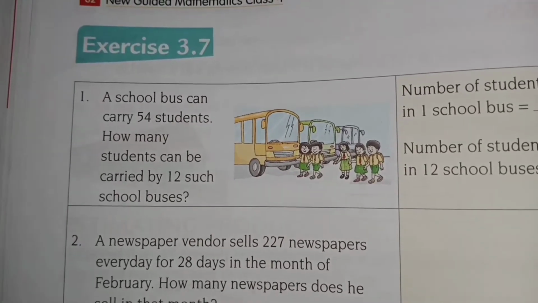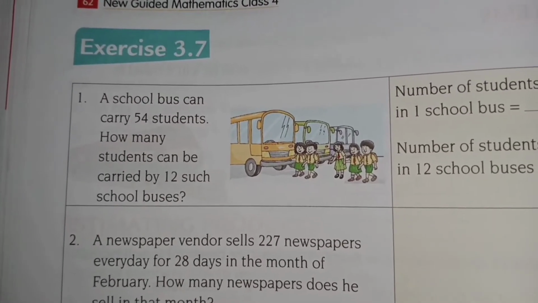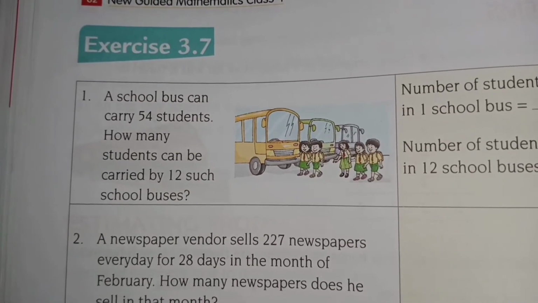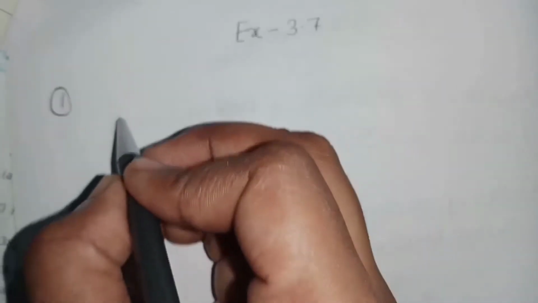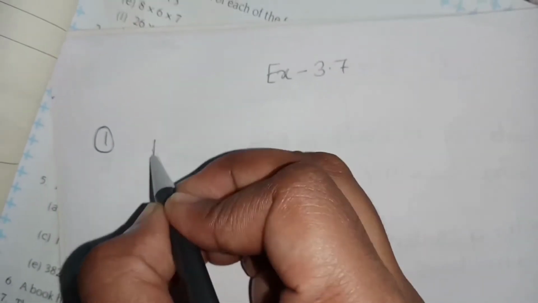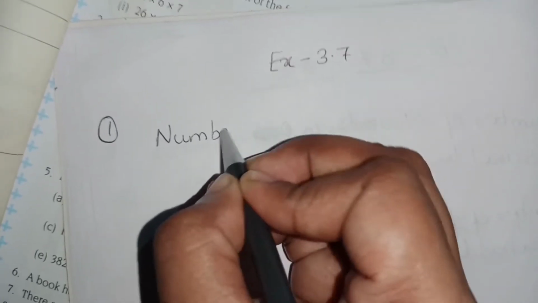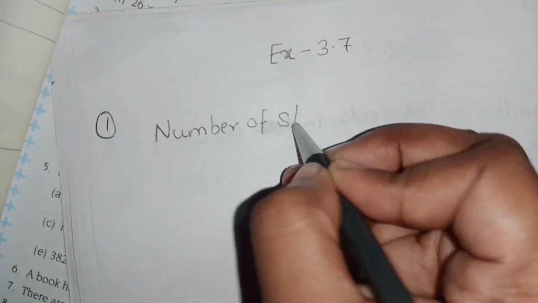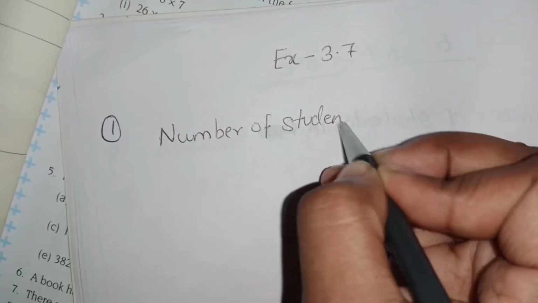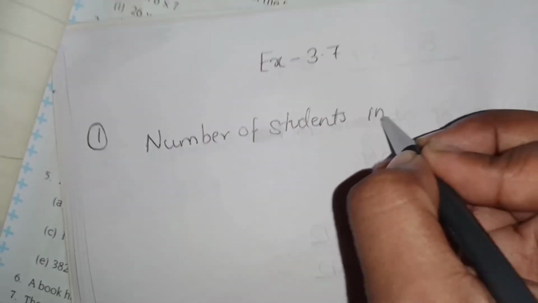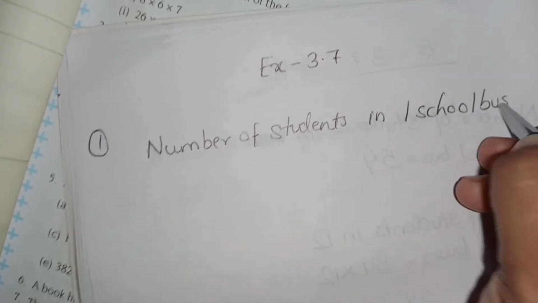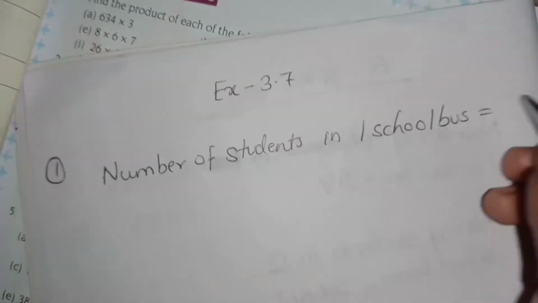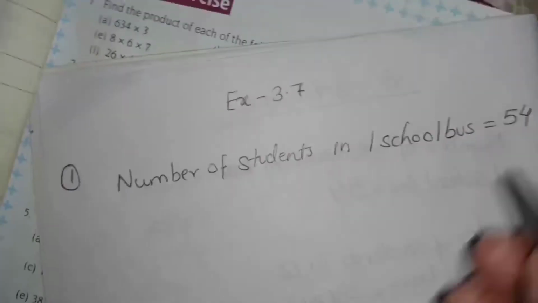Same way, in one bus 54 students are there. So in 12 buses, how many students will be carried? So we have to multiply. Now let's start. Number of students in one school bus: in one school bus, how many students are carried? 54 students.